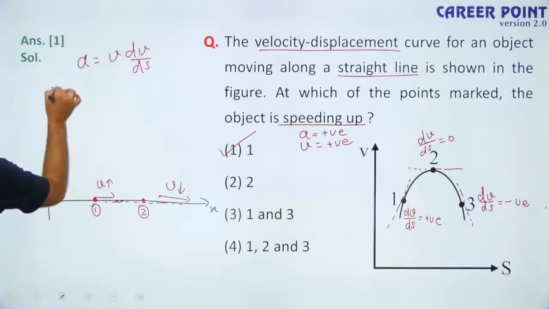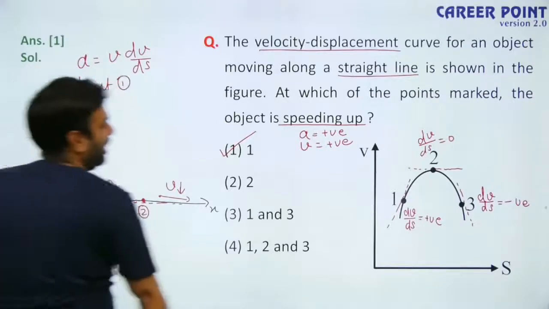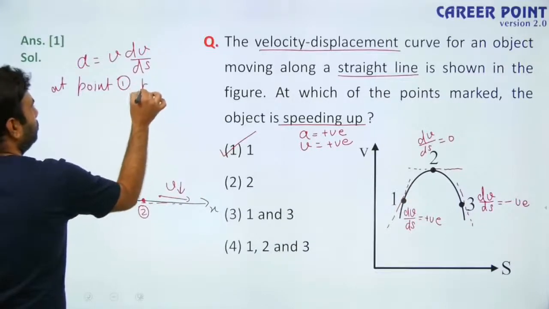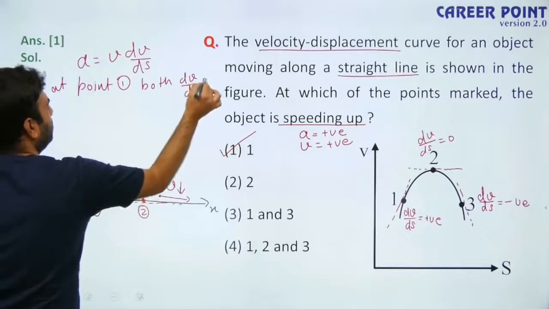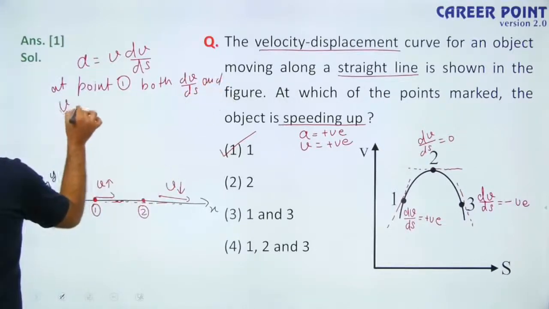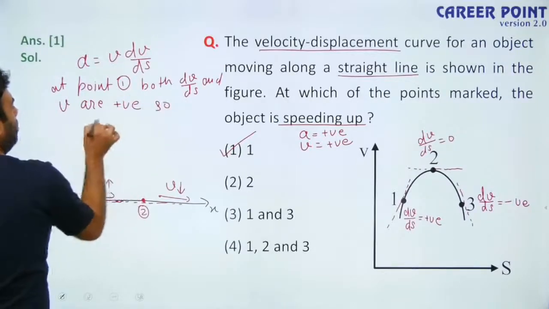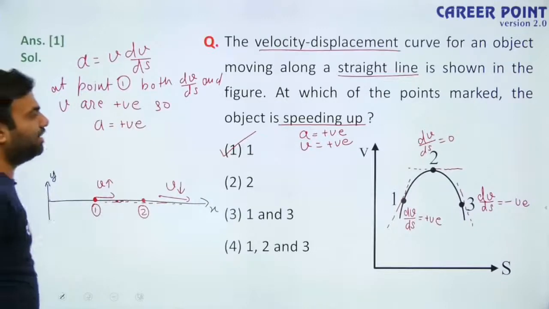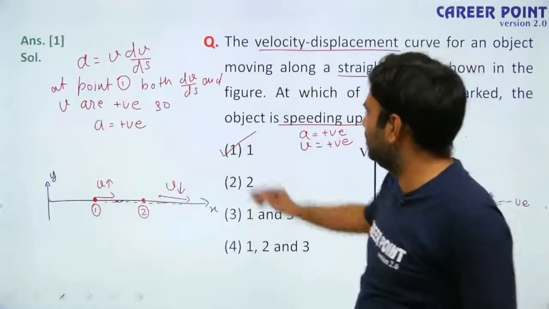So at point 1, both dV by ds and v are positive. So acceleration is positive. That means it is speeding up. So the answer is option 1.